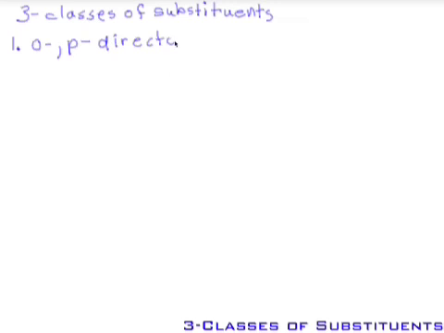The ones we're looking at are the ring activators. And all ortho-para directors are ring activators. So that makes it easy to memorize. What kind of substituents are ortho-para directors?